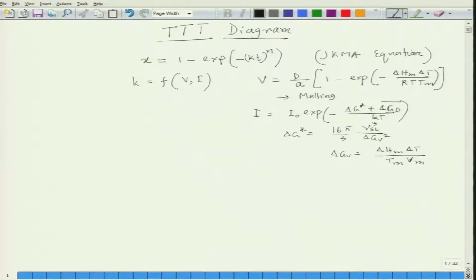And interestingly, this del Hm is nothing but the melting enthalpy of that material at Tm.